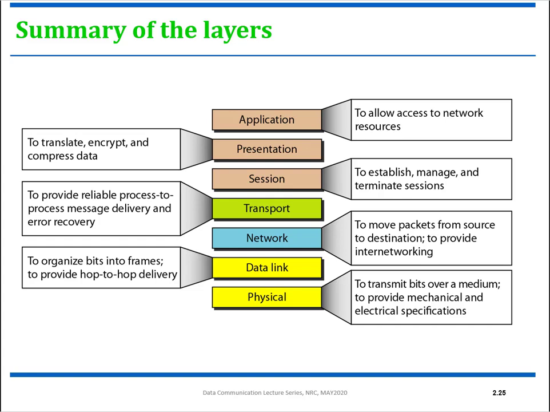The tasks involved in the OSI model are very important. We cannot ignore any one of the layers while sending data from sender to receiver. You start from the application layer down to the physical layer, then transfer the data to the receiver, and the receiver will follow the same 7 layers while receiving the data.